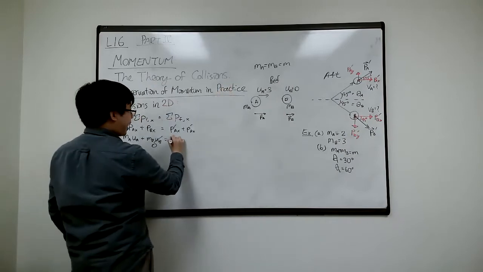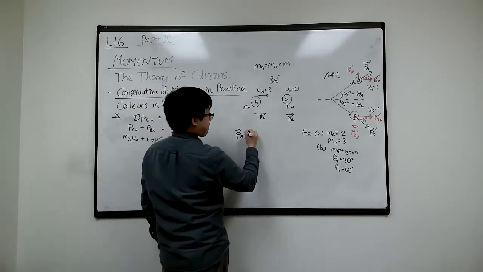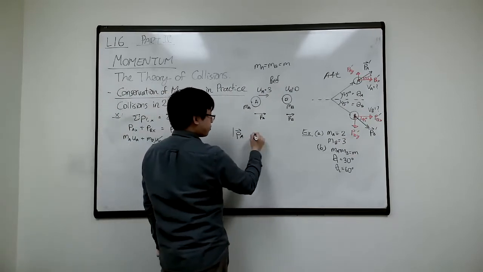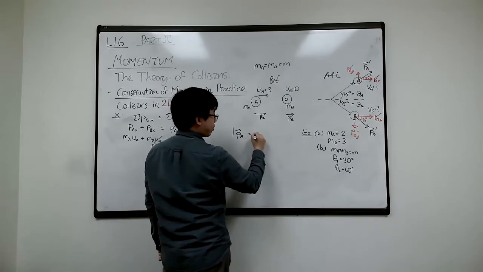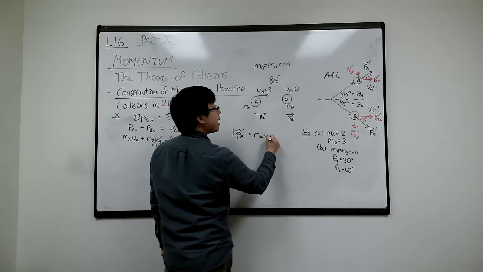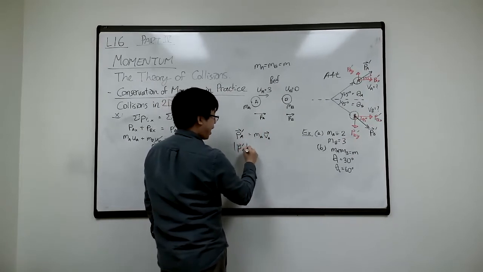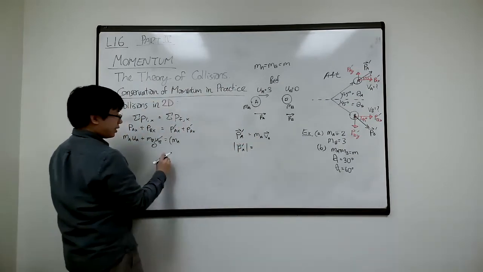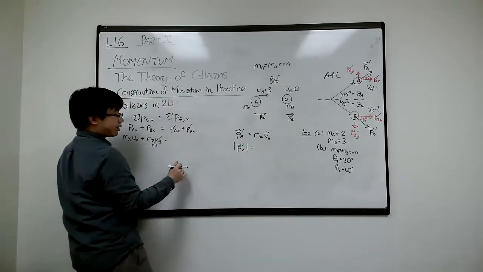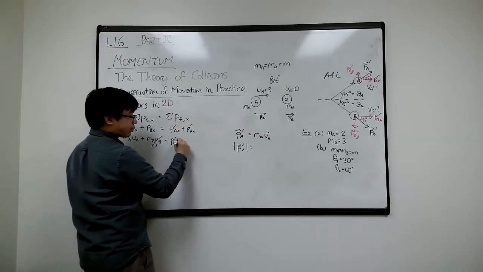What's the magnitude of PA prime? PA prime is equal to MAVA. Let me split it into a separate step so you can see: PA prime X is PA prime cosine 45 degrees.